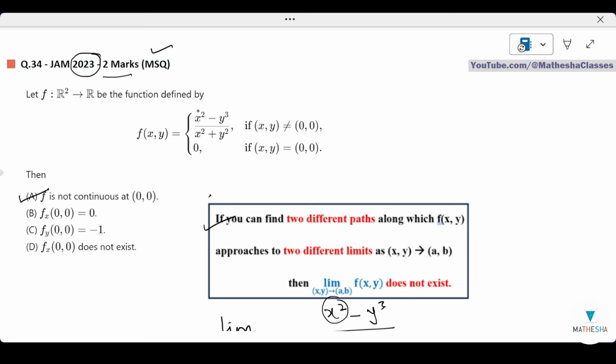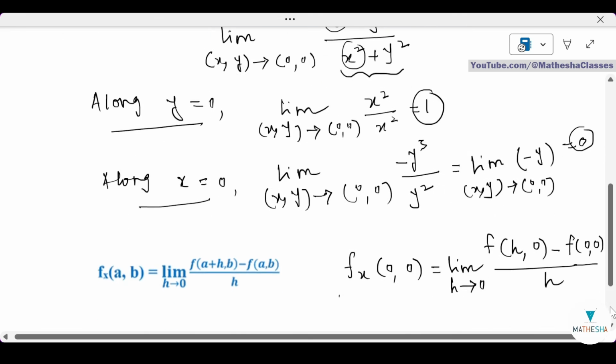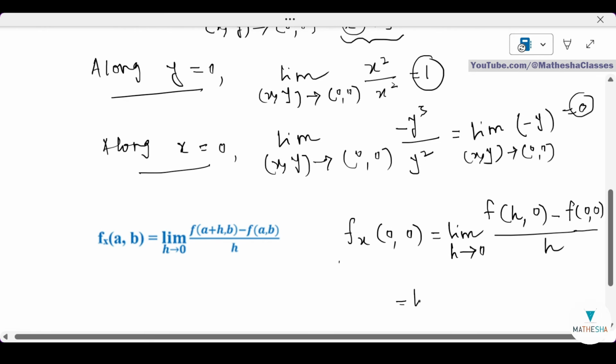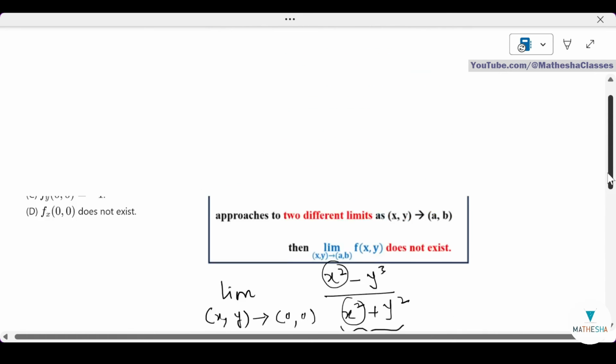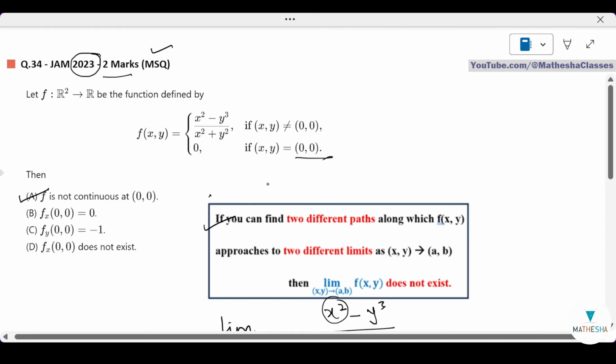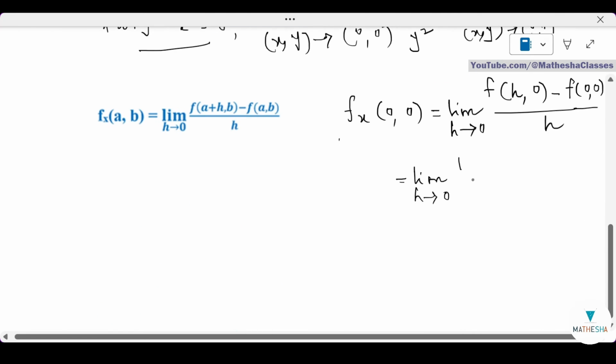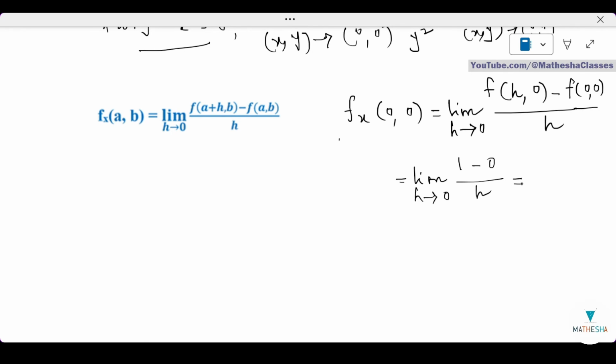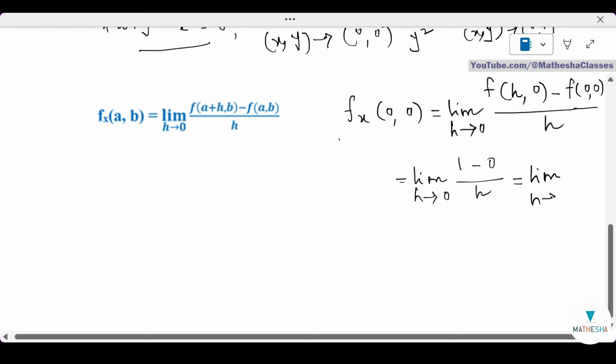And if you put h for x, 0 for y, you will be getting h square minus 0 cube upon h square plus 0 square. So you are getting 1. So f of (h,0) is 1, and it is given that f of 0 0 is 0, minus 0 by h, and you can see that this is basically the limit of h tends to 0, 1 upon h, that is tending to infinity.